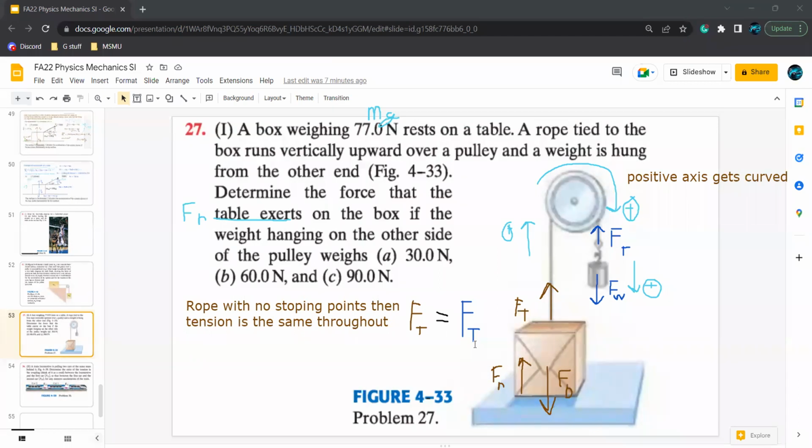So force tension is equal to force tension over here. Force tension, which in this case is negative, is equal to force of the weight.